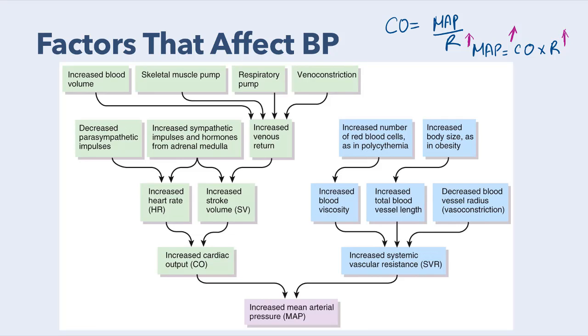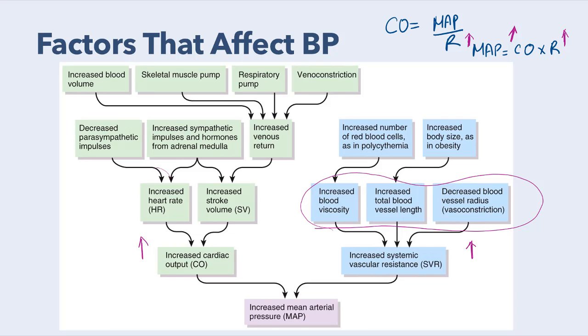So all of the factors that influence cardiac output and cause it to increase can also cause the pressure to go up. And any factor that influences the resistance to go up will also cause mean arterial pressure to go up. We've studied the effect of blood viscosity, vessel length, and lumen size on resistance.